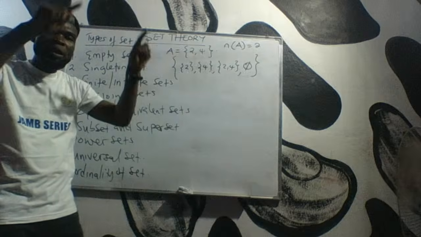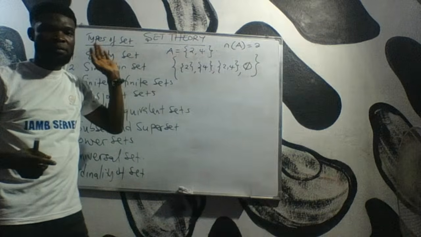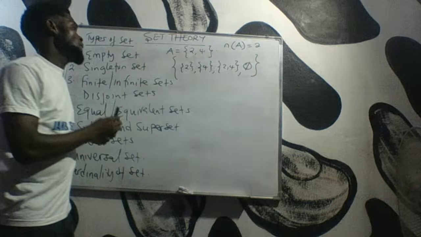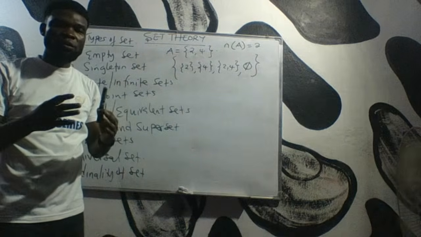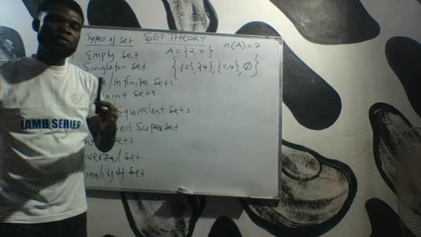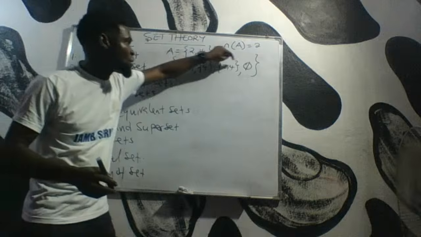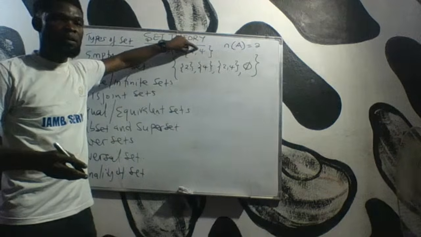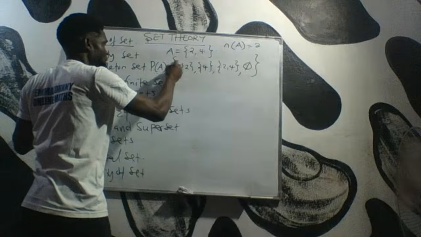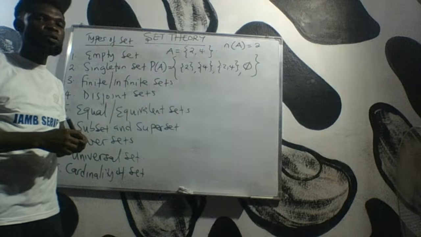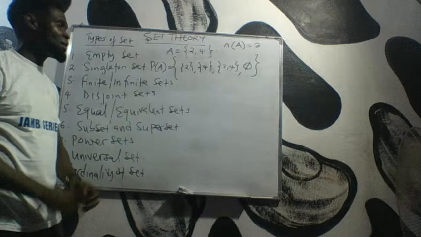But it is now a collection of all the subsets I derived from set A. Therefore, a power set is simply a collection of all the subsets of a given set. That becomes the power set of set A.